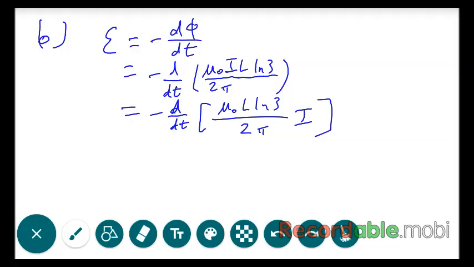The way that I've rewritten it, I brought all the constants to one side, and then the current in the long wire, which I separated because it's not constant. Now when you take the derivative of that, all the constants remain the same, so you'll just get negative.